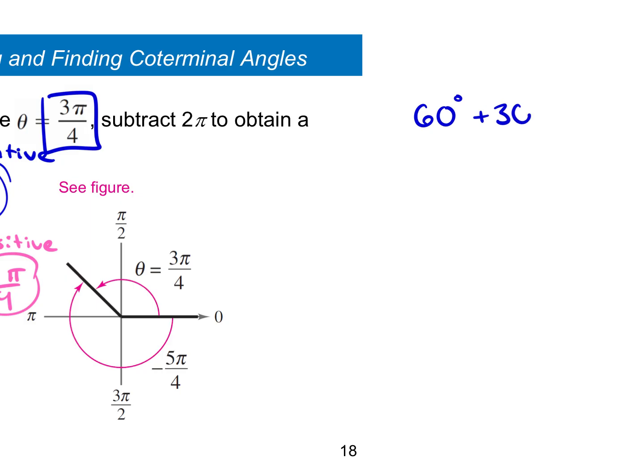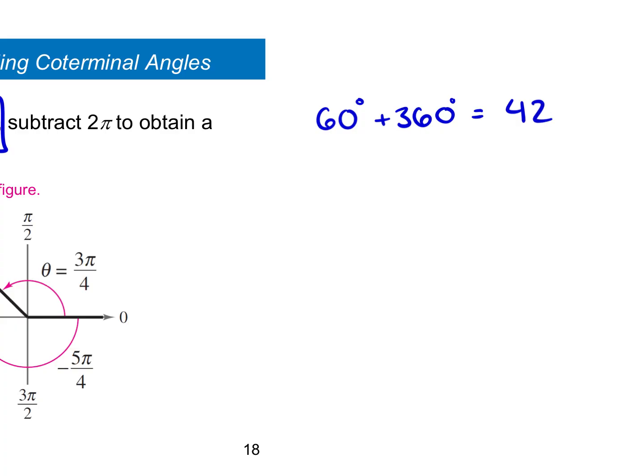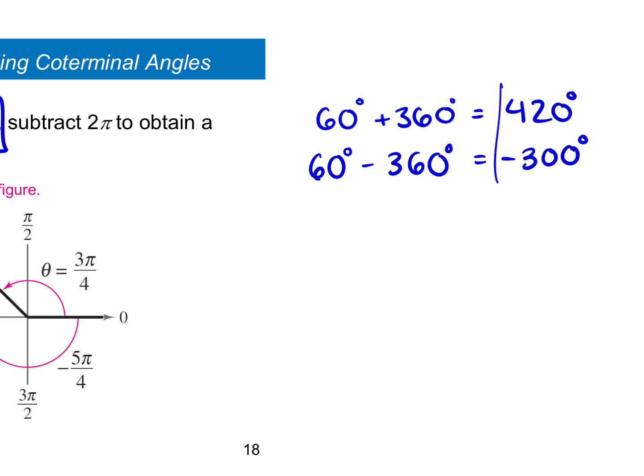So I could add or subtract 360. So if I add 360, I would get 420 degrees. When we subtract 360 to find a negative coterminal angle, what do we get? Negative 300 degrees. So this would be our positive and negative coterminal angle for 60 degrees.